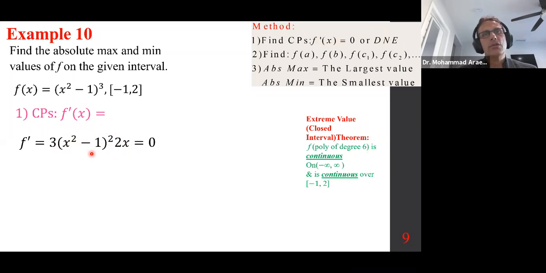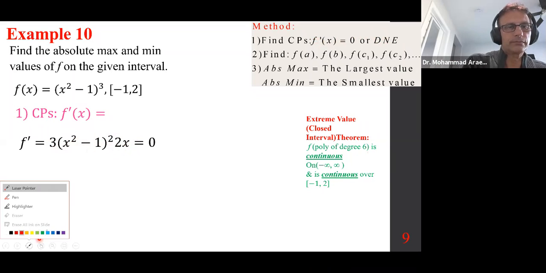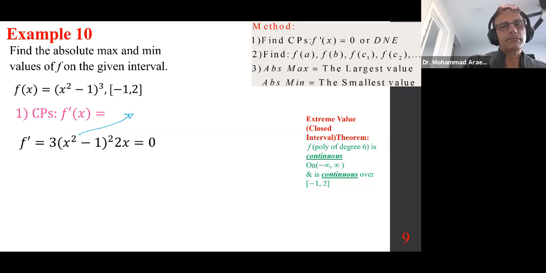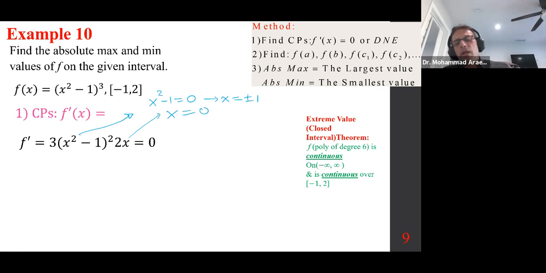If you set this equal to 0, what do you get? x squared minus 1 is 0. x gives us two answers, positive and negative 1, and this one, 2x, or just x equal to 0. Therefore, there are three answers.